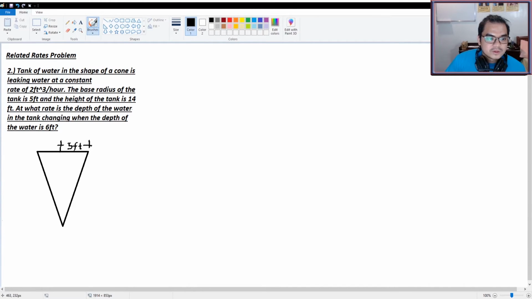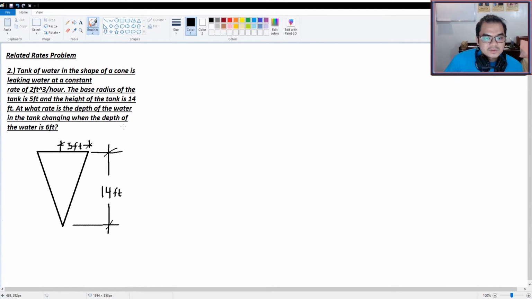And the height is 14 feet. So from here to here, it must be 14 feet. Okay, that's 14 feet.